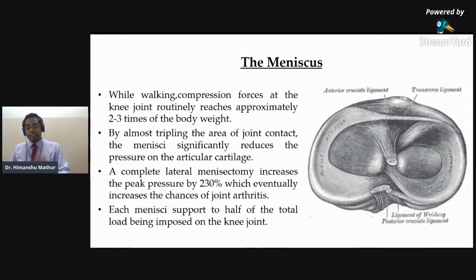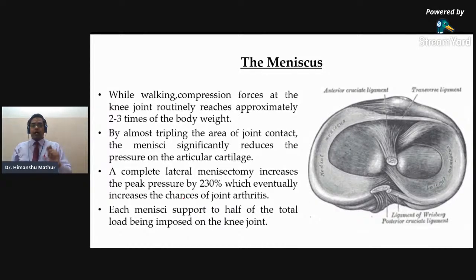They help dissipate this much force coming from superior to inferior, by almost tripling the area of joint contact because of their inclined peripheral surfaces. The peripheral surfaces of the meniscus, both medial and lateral, have a inclined surface from peripheral to central. It increases the area of articulation. That is how it reduces the pressure coming between the joint.